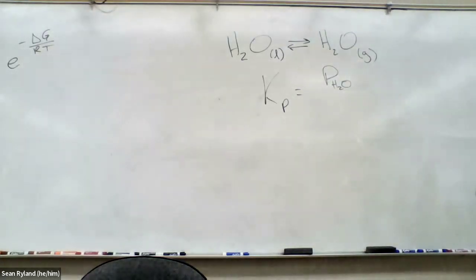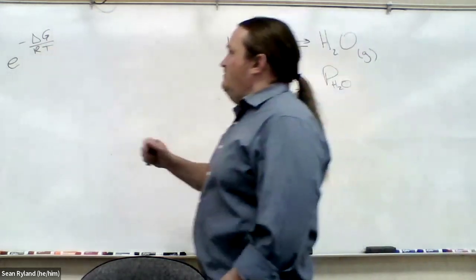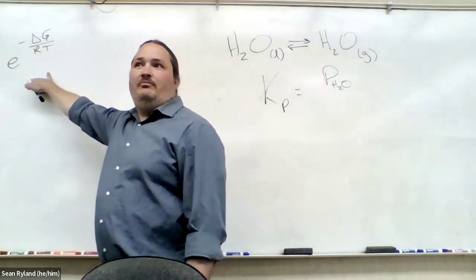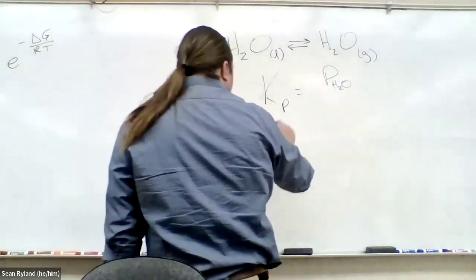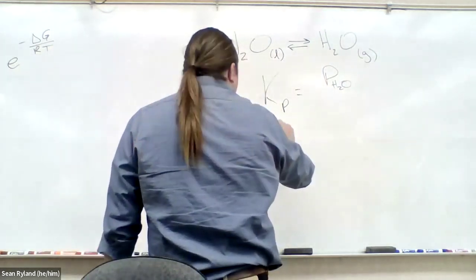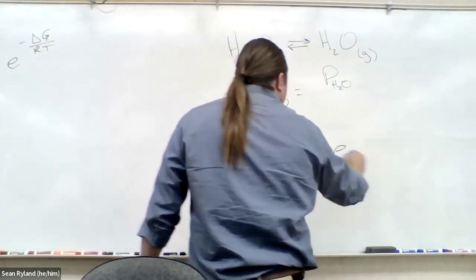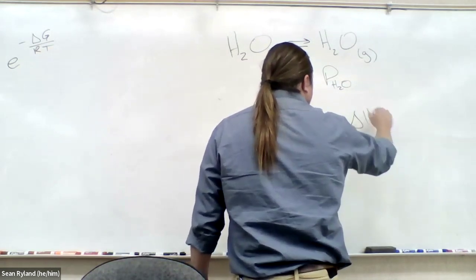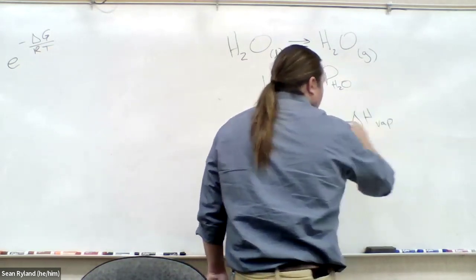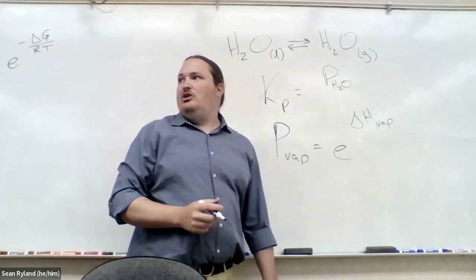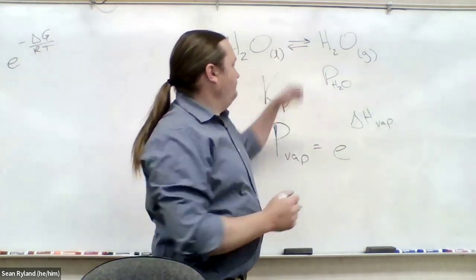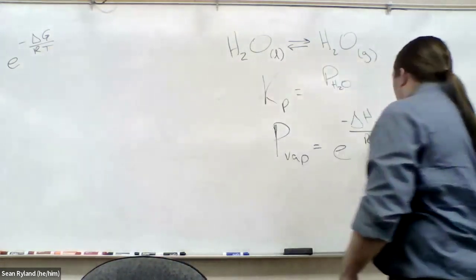Because if we have the vapor pressure at two different temperatures, we can actually turn this into a linear form. So we can say vapor pressure equals e to the minus delta H of vaporization, because that's the term that we've used for energy here, over RT.